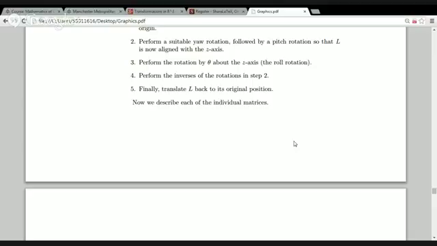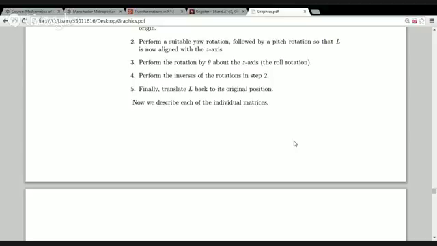Here's the Z axis. Now what is V? V is the vertical projection of the vector D down onto the XZ plane. So we've got the direction vector D, and V is the length of this vertical projection of D down onto the XZ plane.